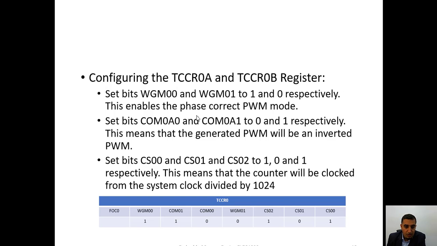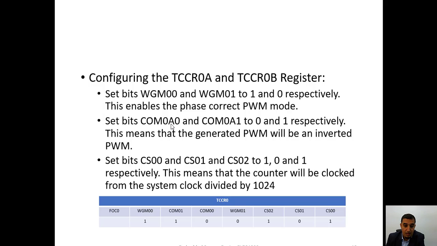So the configuration of the timer counter control register A and the timer counter control register B is different from one microcontroller to another. Remember, with whatever microcontroller you use, you should have the data sheet for it. The bits for the wave generation modes are 0, 1 respectively to enable phase correct.